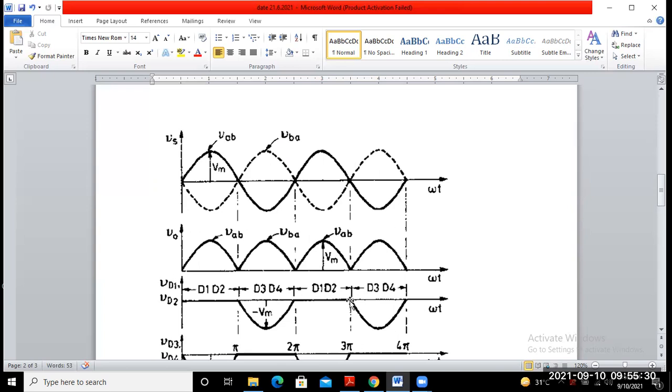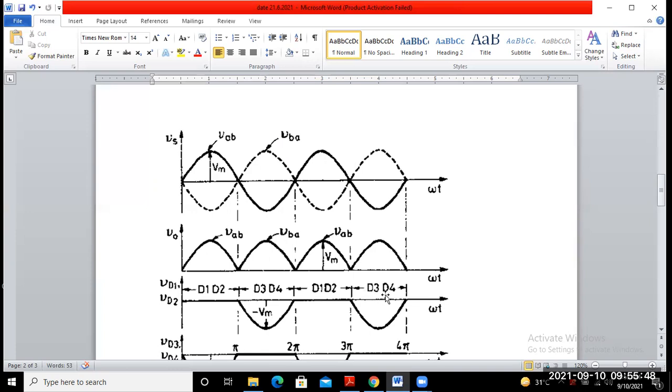Again from 3 pi to 4 pi, D1 and D2 become reverse biased, so the negative half cycle voltage appears across them. During this period, D3 and D4 are in conduction mode.